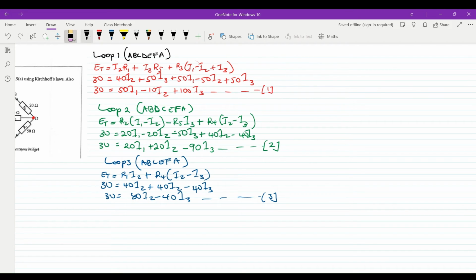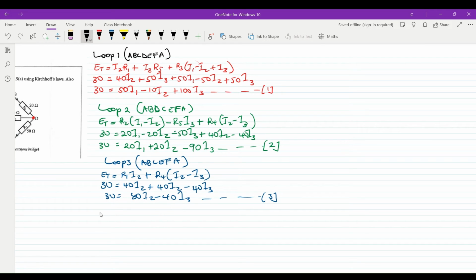The third equation should direct us on which variable should be eliminated. We're going to use the elimination method. Equation 3 only has I2 and I3. This says that from equation 1 and equation 2, eliminate I1 so that you are left with I2 and I3.